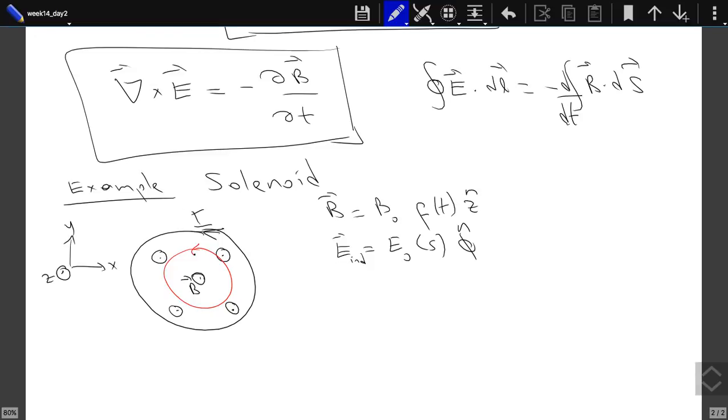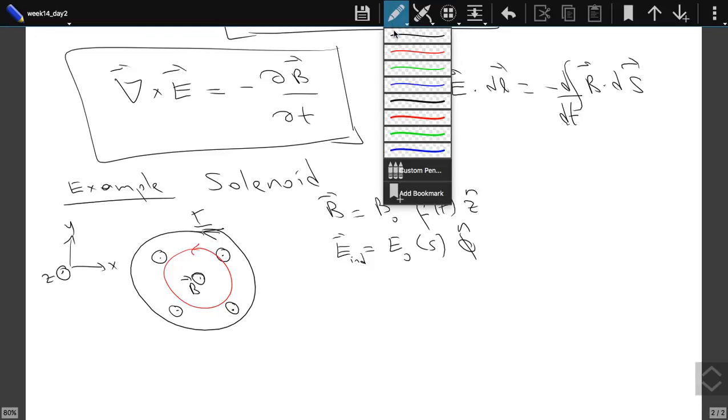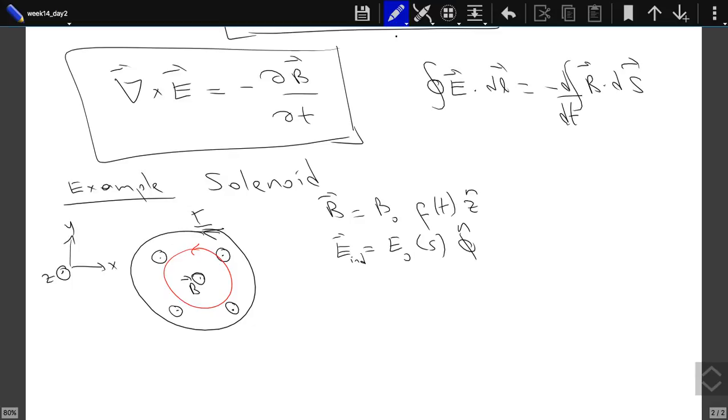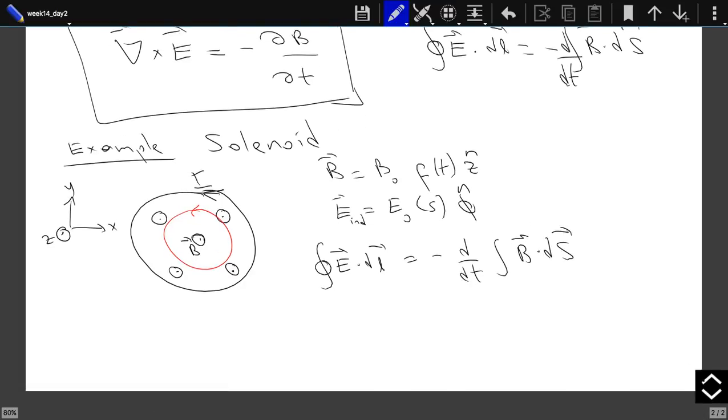Now let me use Faraday's law for this loop. I know that the integral of E dot dl around this loop should be equal to minus d by dt of the integral of B dot ds. Let's say the radius of this loop is s.